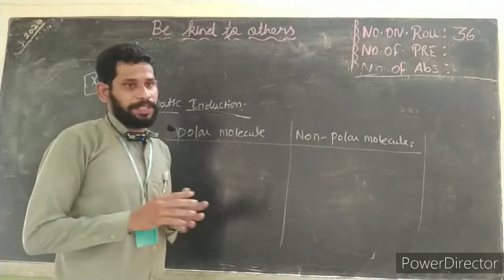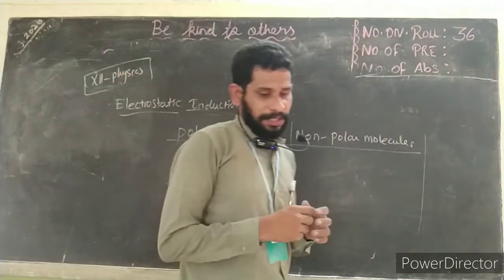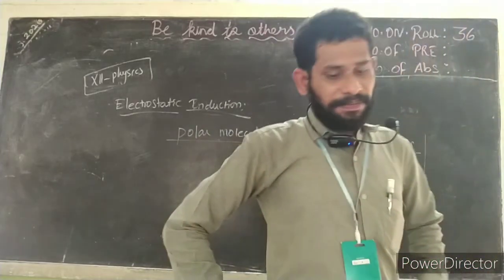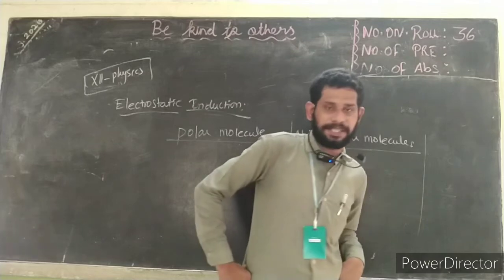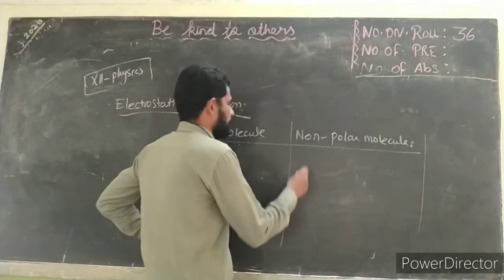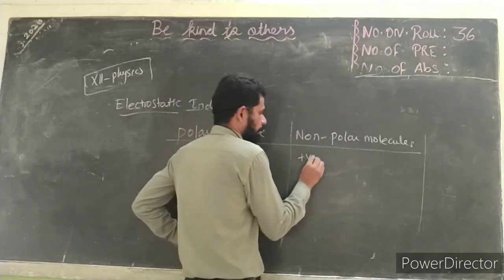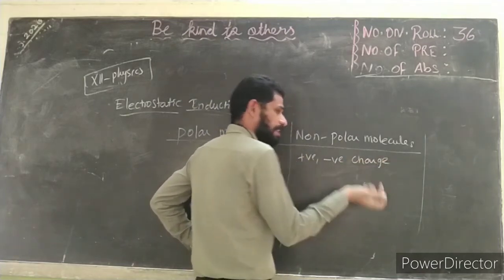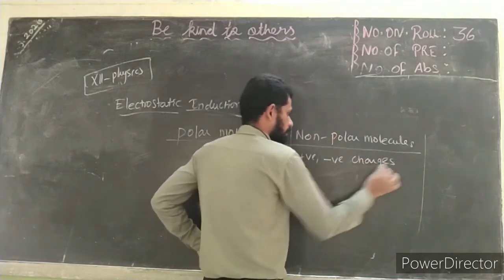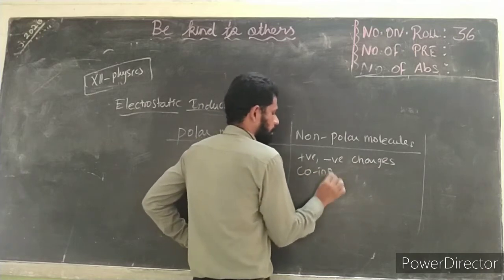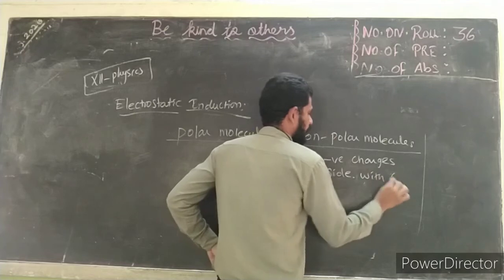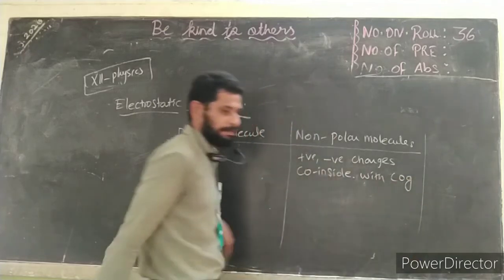What is meant by polar and non-polar molecules? It concerns the positive and negative charges. For example, on page number 51: a non-polar molecule is one in which the centers of the positive and negative charges coincide with the center of gravity.